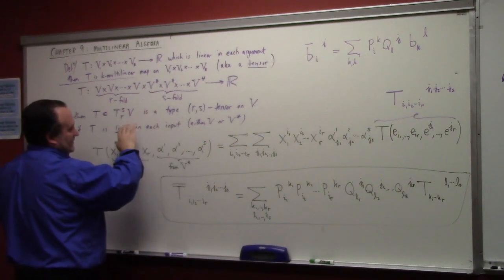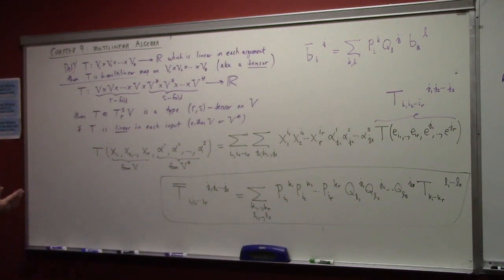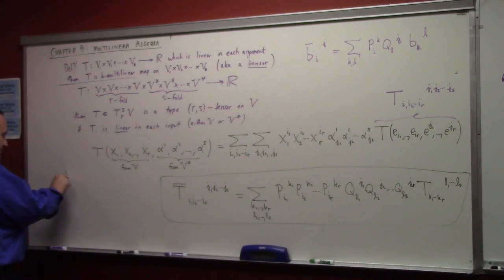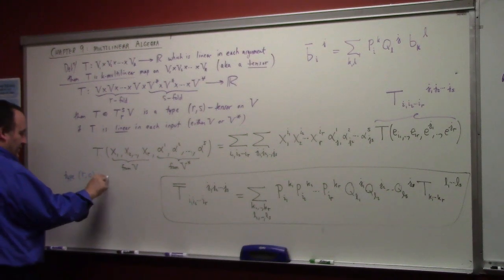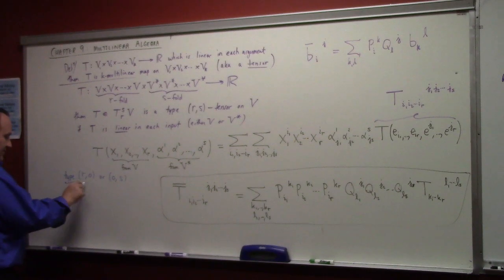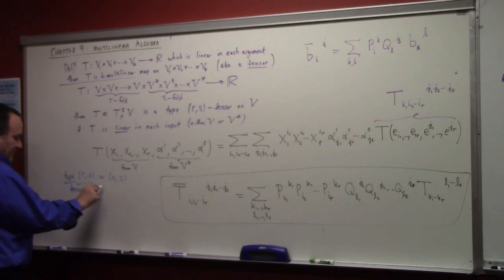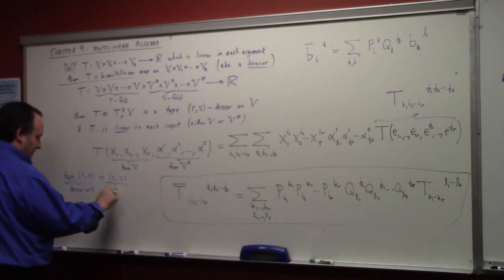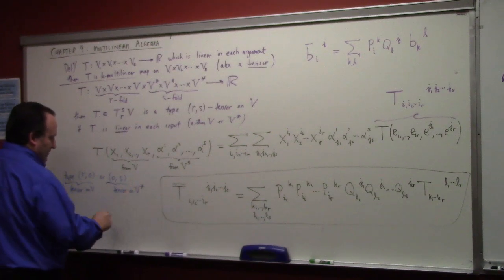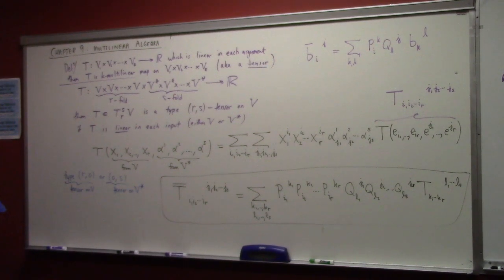If we have a type R0 or a type 0S tensor, then this would be a tensor on V, and this is a tensor on V dual. We would actually call them both tensors on V.